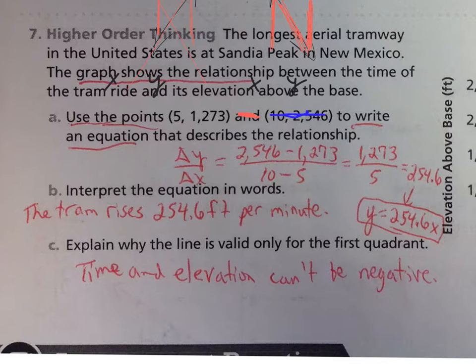So the base of the tram, that's where the tram's starting. So it's not going to go down below that point at all. It's just going to go up from there in this case. Time, you could maybe argue of time being negative, like 5 minutes ago, -5, but not a negative elevation from its base.